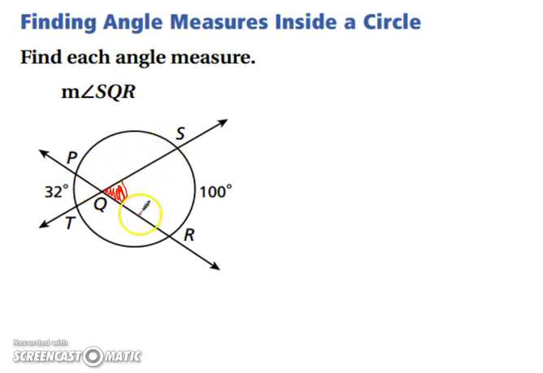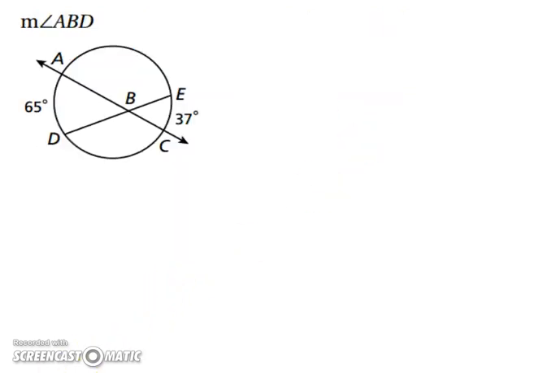So you'll have to go one step further. Either way, we're going to take the average of our two arcs. So we have 100 degrees plus 32 degrees, and then we're going to take half of that. And when we do so, we end up with 66 degrees. Try this next one on your own.